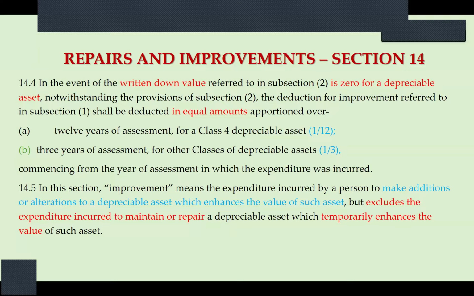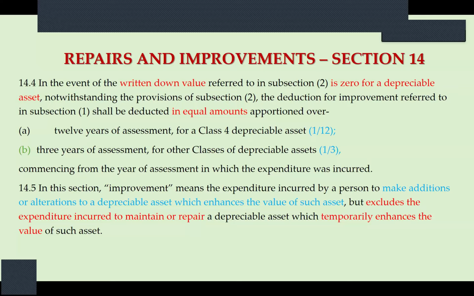If it is machinery, we believe that within a 5 year period the written down value will be 0, because each and every year we are depreciating: the first year, second year, third year, fourth year, fifth year. After the fifth year, after deducting capital allowances, our written down value will be 0.